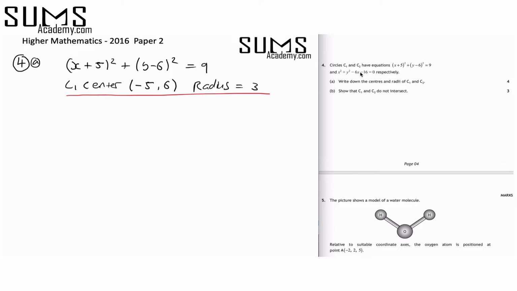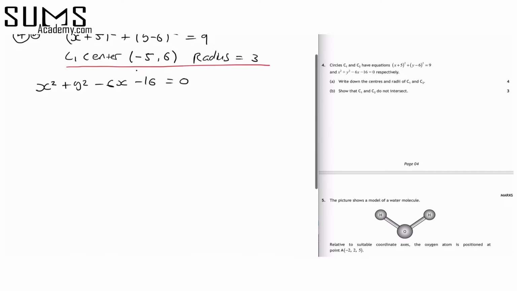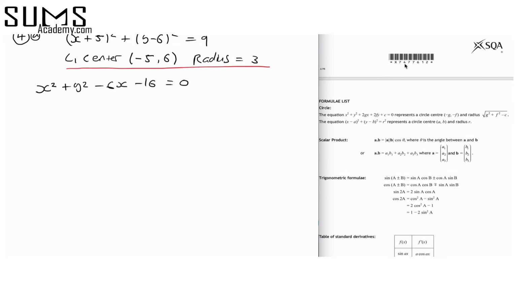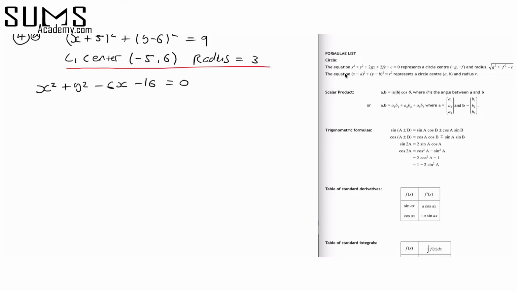Okay, so now on to C2. This one's slightly more involved, but still pretty straightforward. Again, we'll write out the equation: x² + y² − 6x − 16 = 0. If you can't remember, we can go back up to the equations for a circle, and they give us all this information. This is the general equation for a circle.